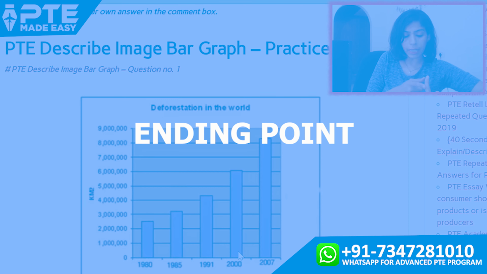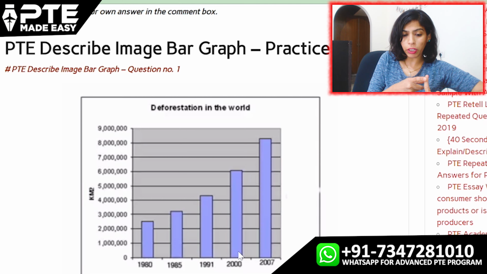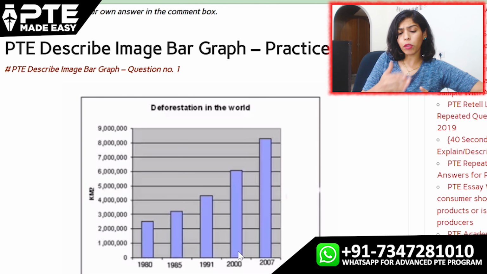Beginning point, ending point, and in between you can simply say the rate was increasing from 1985 to 2000, where it was 6 square kilometers in the year 2000. So do not mention every single piece of information. You simply have to speak for 40 seconds.